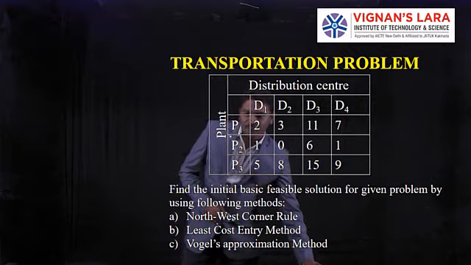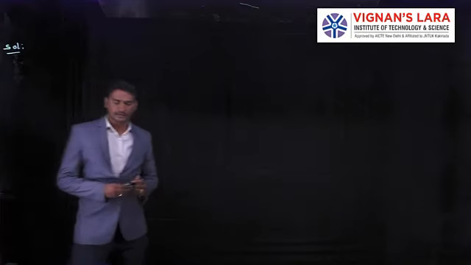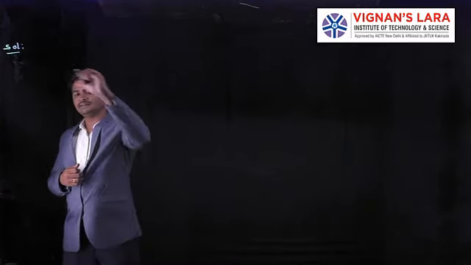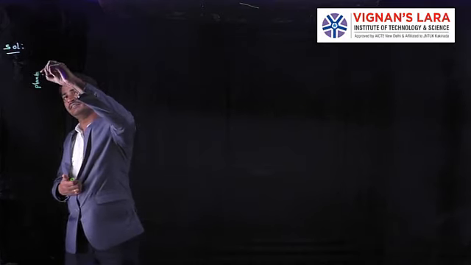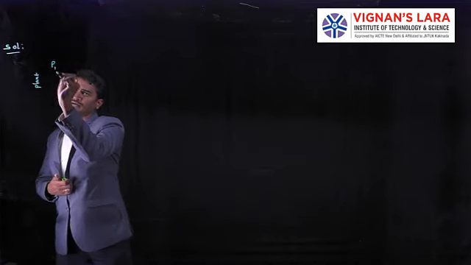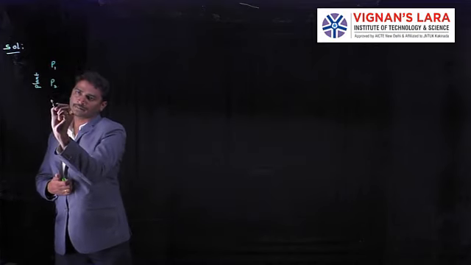Okay, coming to the solution. Here they are given the three plants. I would like to take the plants as the supply stations, and the distribution centers are called the demand stations. First we are taking the plants, P1, P2, P3.